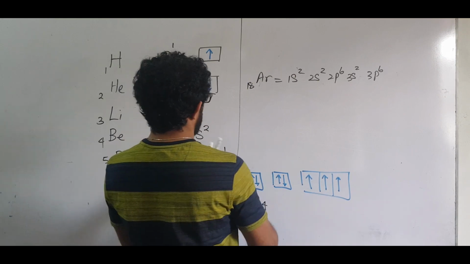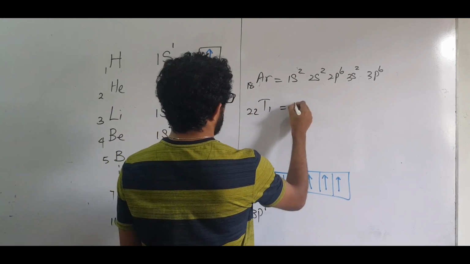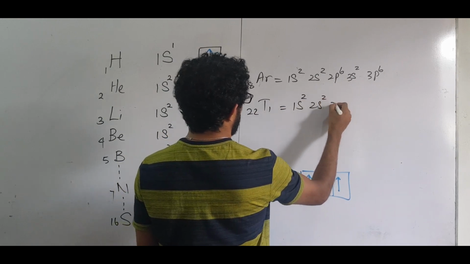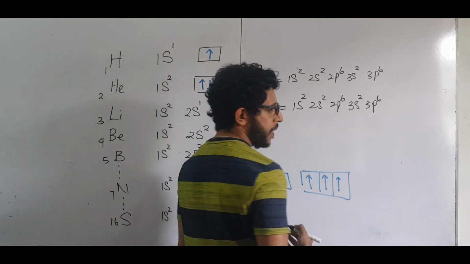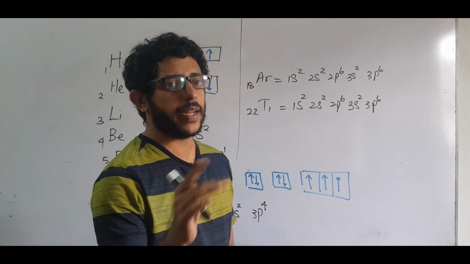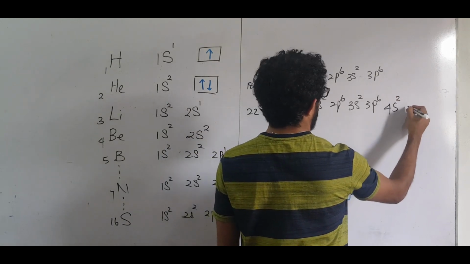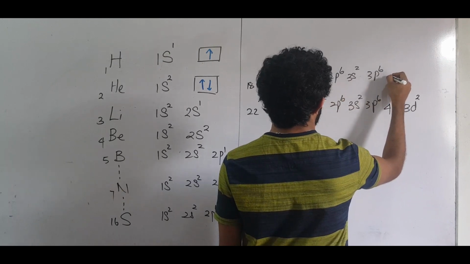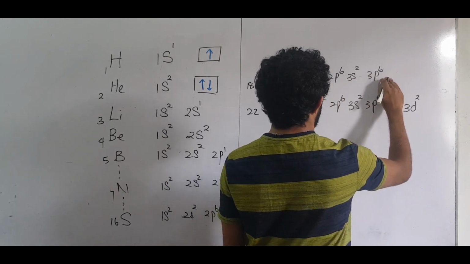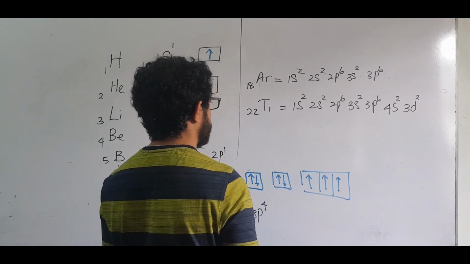Then let's say titanium 22. That is 1s2, 2s2, 2p6, 3s2, 3p6. Then after 3p, before writing 3d, we have 4s. So it is 4s2, 3d2.